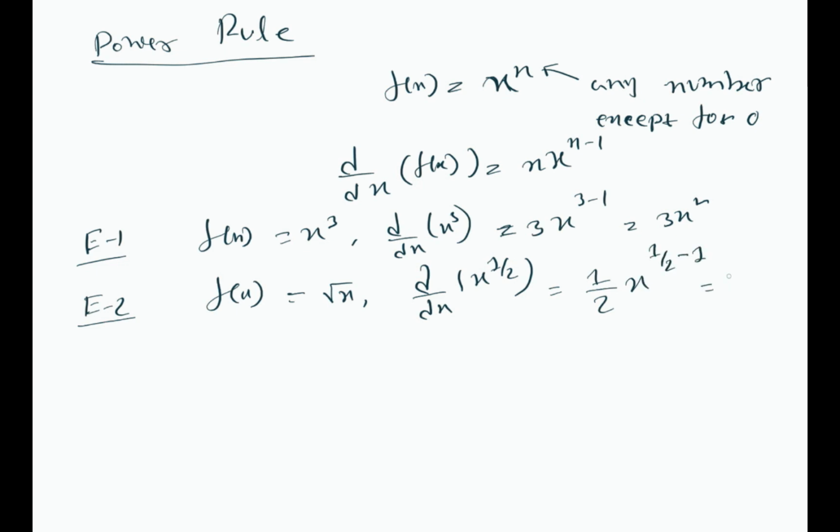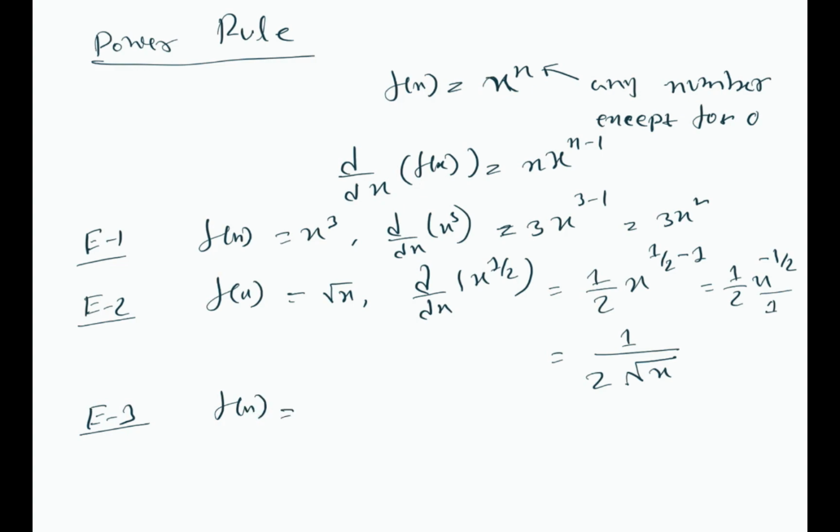We can write it as 1 over 2 x to the power negative half, because half minus 1 is actually negative half. We can simplify it: 1 over 2, and x to the power negative half is in the numerator right now, because we can imagine we have a 1 here. If we take it in the denominator, we can write it as square root of x. They're the same thing. Okay, so example 3.